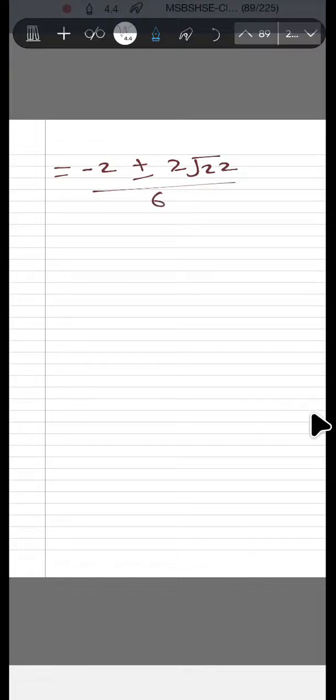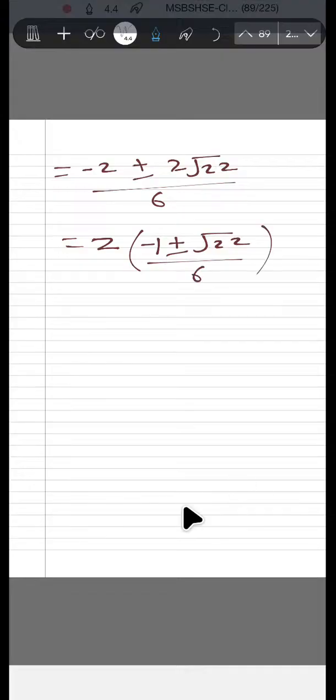Okay, so which is equal to minus 2 plus or minus 2 square root of 22, all over 6. If I take 2 common from here, what will I get? Minus 1 plus or minus square root of 22 divided by 6.